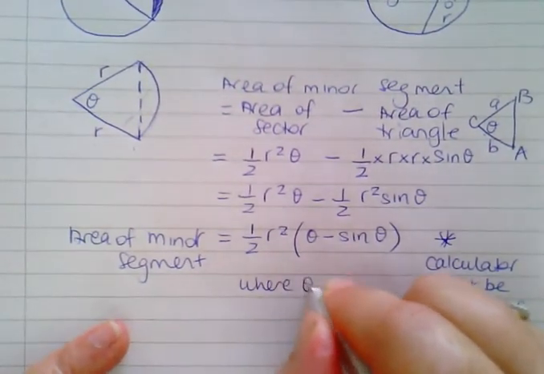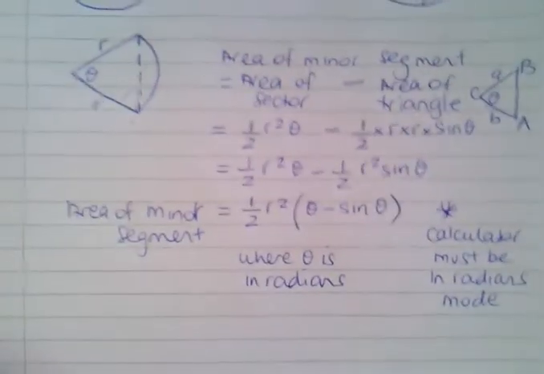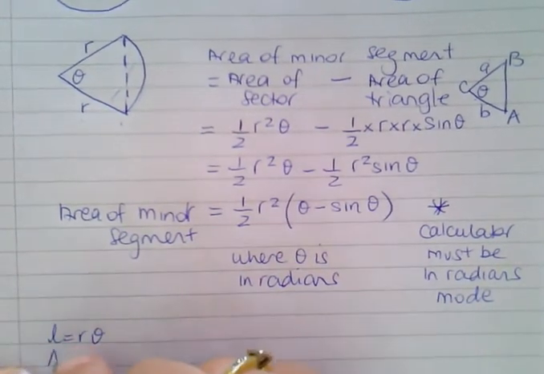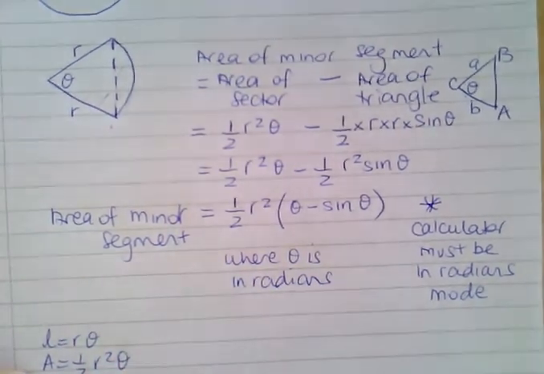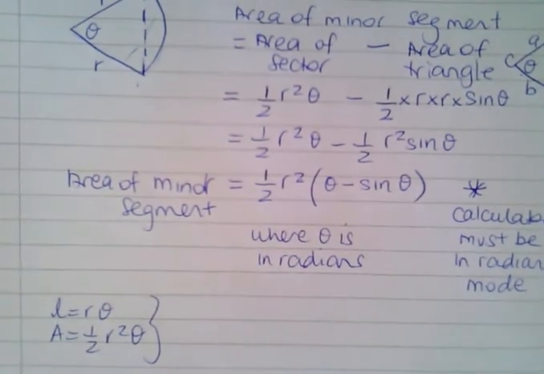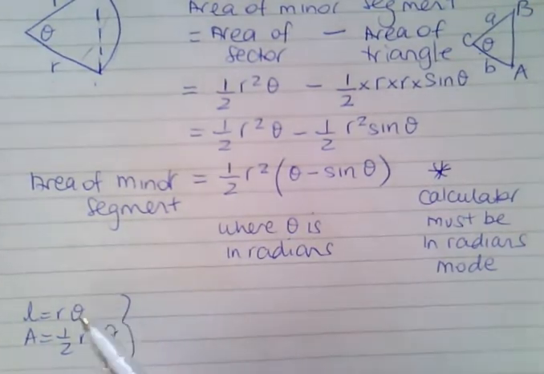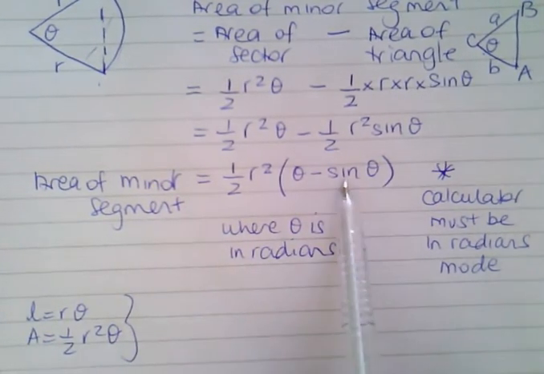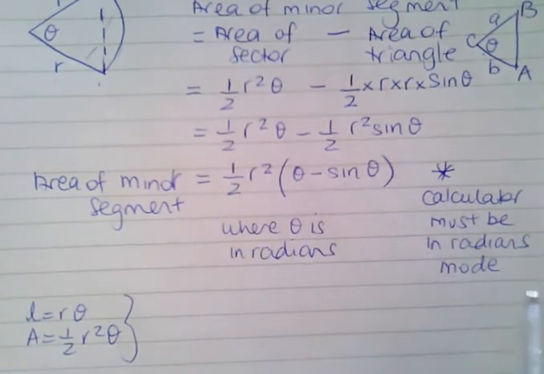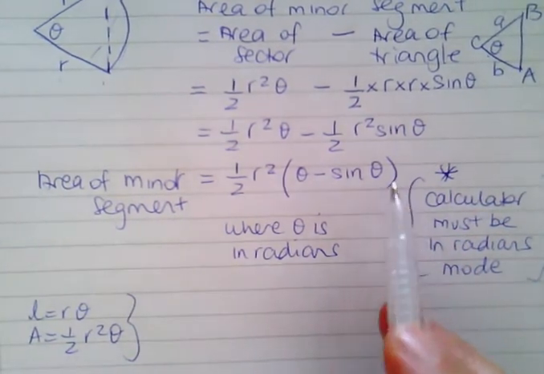Now, when you're doing L equals r theta for arc length and A equals a half r squared theta for area of a sector, when you are entering these into a calculator, it doesn't matter whether it is in radians mode or degrees mode, because you're not using one of the trig functions, which is sine, cos, or tan. Because you're using a trig function here in the formula A equals a half r squared times theta minus sine theta, the calculator must be in radians mode because you're doing sine of an angle, okay?